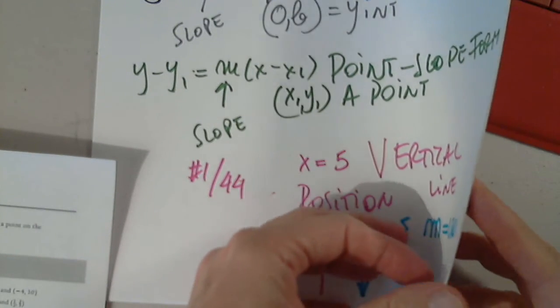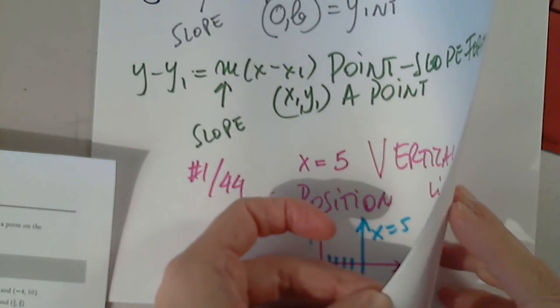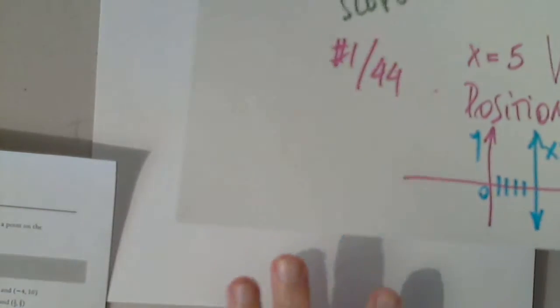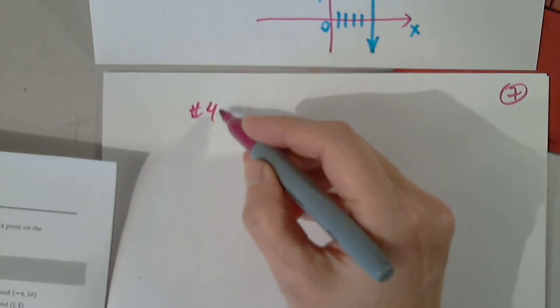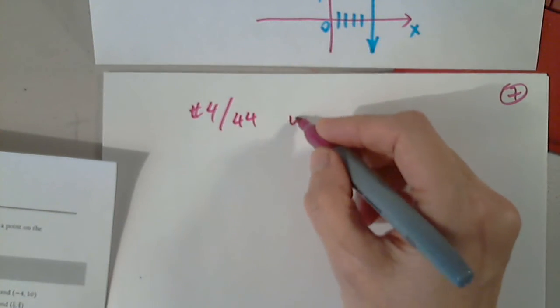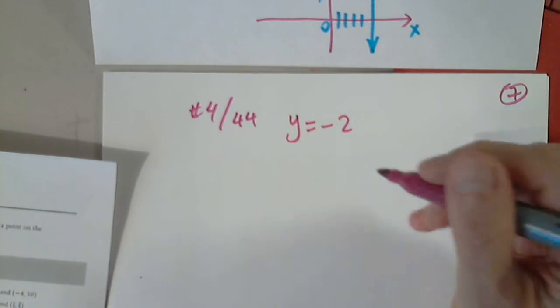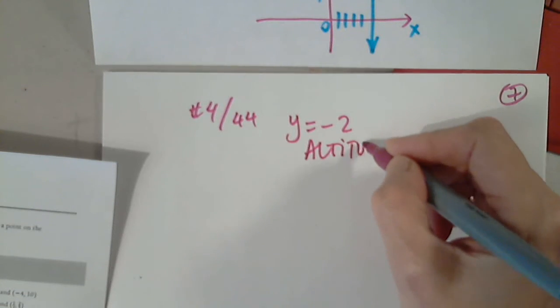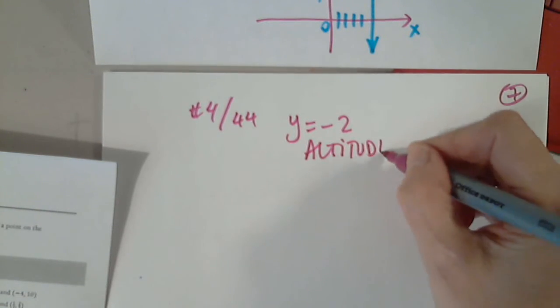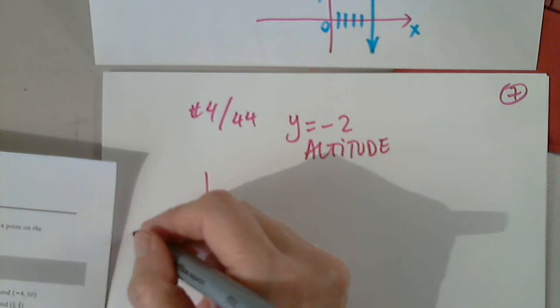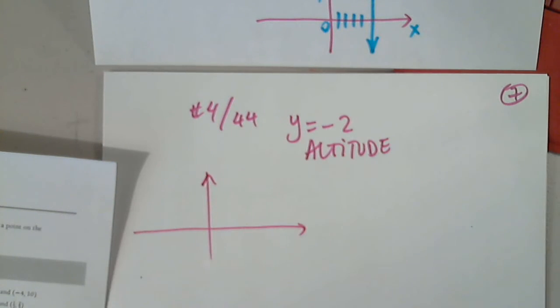Now we want to graph y equals -2, which gives the altitude. So number 4 on 44, y equals -2, which is altitude, not position.